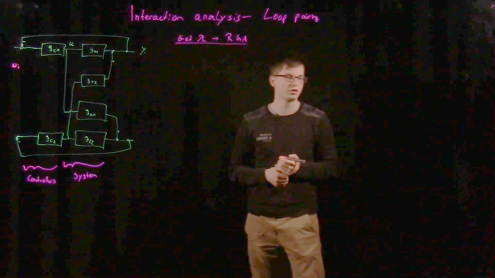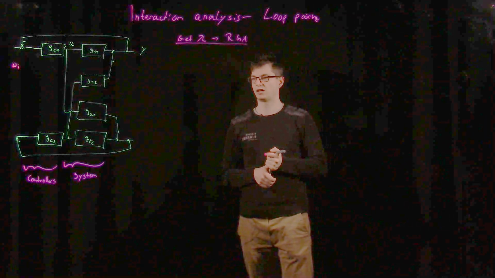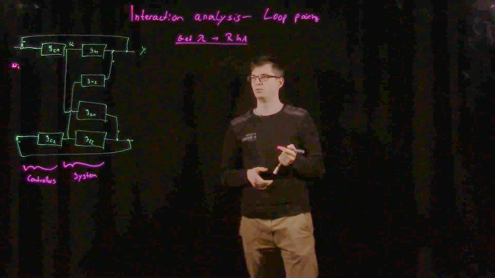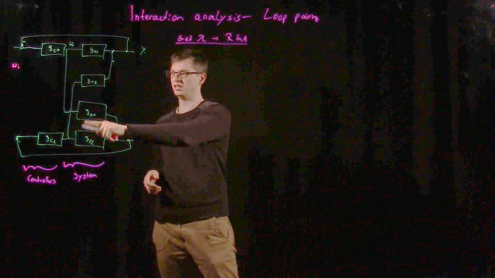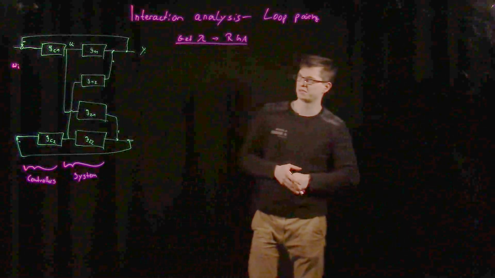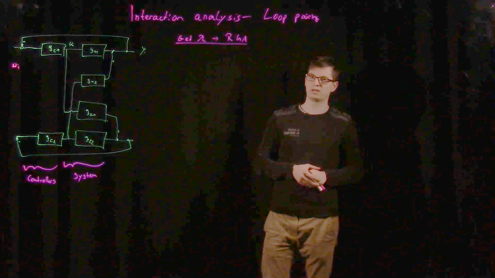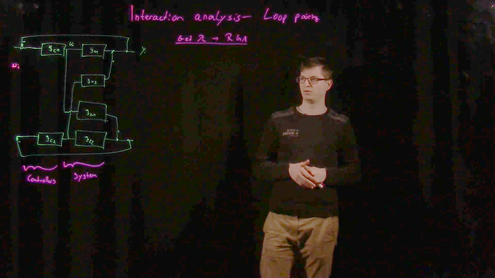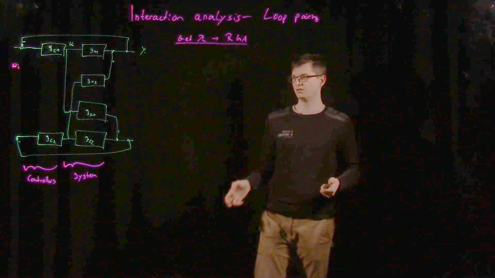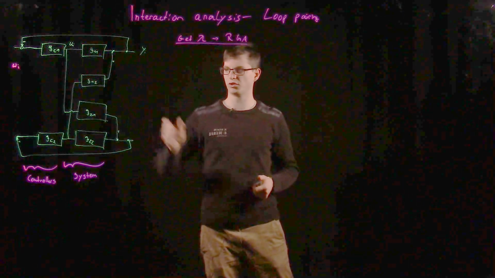Therefore, we are faced with a problem. We know that the output is dependent on the input and the other way around, and that's why we cannot perform it directly beforehand in a theoretical way if we do not know all transfer blocks.